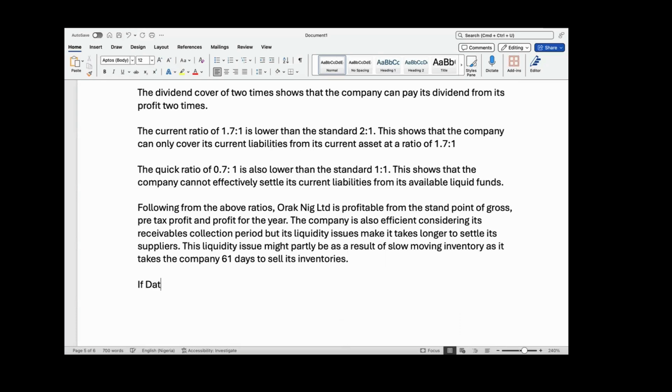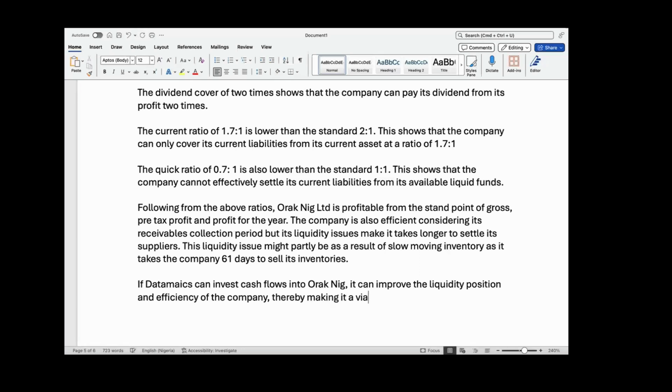If Data Mix can invest cash flows into ORAC, it can improve the liquidity position and efficiency of the company, thereby making it a viable investment decision.